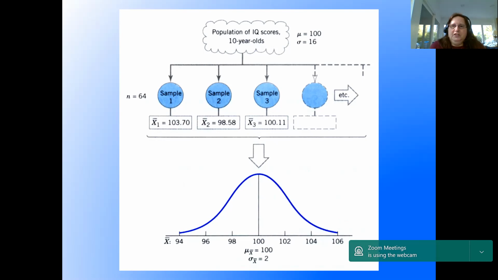Now you're going to do this again and again and again. Let's say you're going to do this about 1,000 times. You're going to have 1,000 samples by the end, and from each one, you plotted the mean. If you do that, this normal curve is what you're going to get.